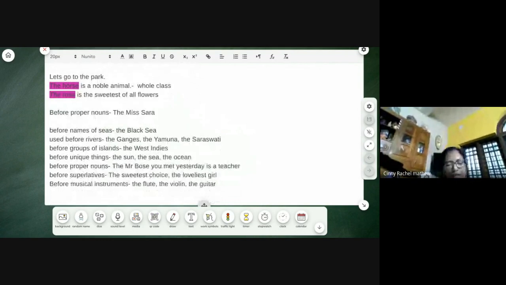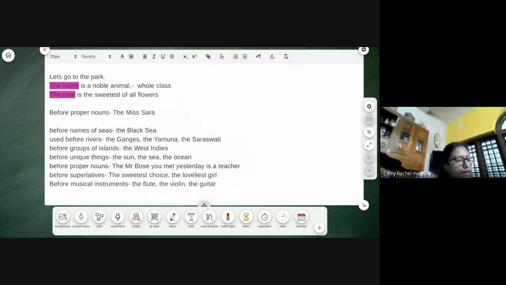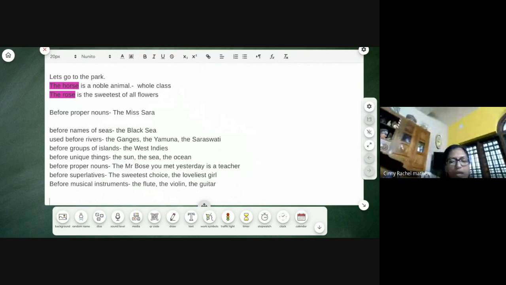So according to this, we could frame a few rules for our indefinite articles also. Where and all do we use the indefinite articles? Now, here is one I could mark out for you.